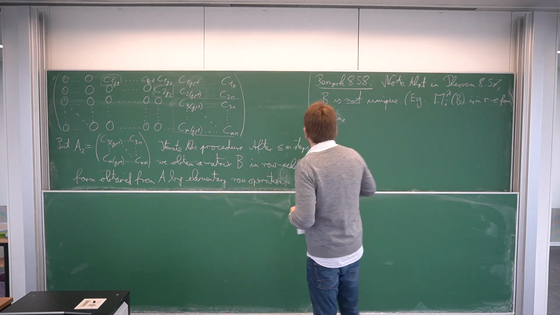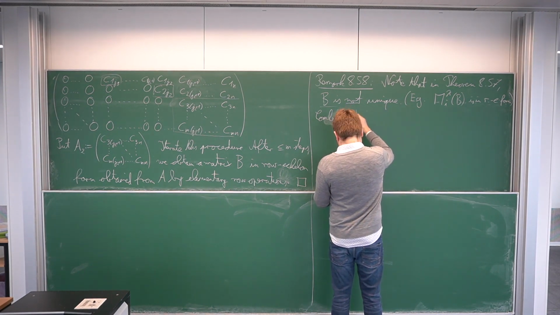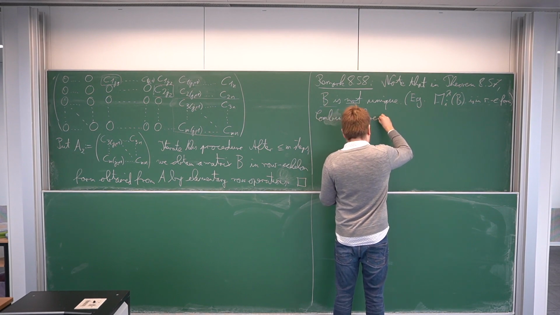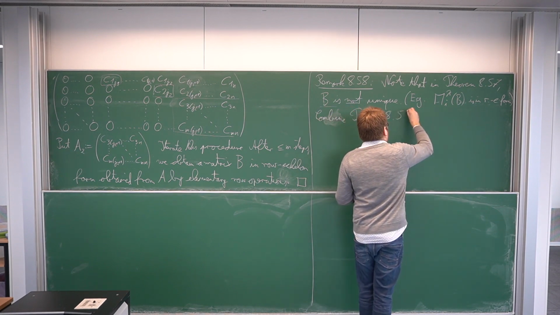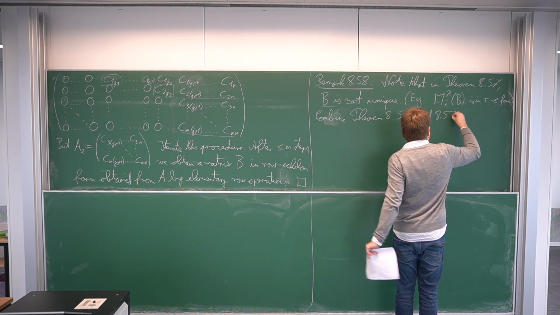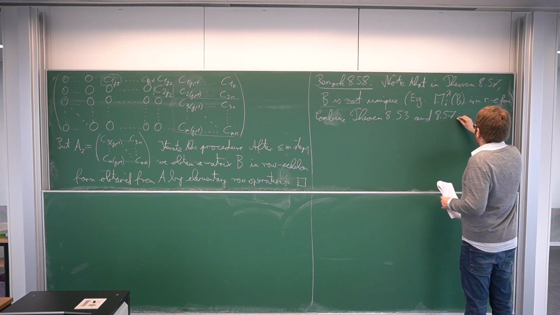So we have a method. These were the theorems that we need: theorems 853 and 857. 857 was this, and 853 was that elementary row operations don't change ranks.